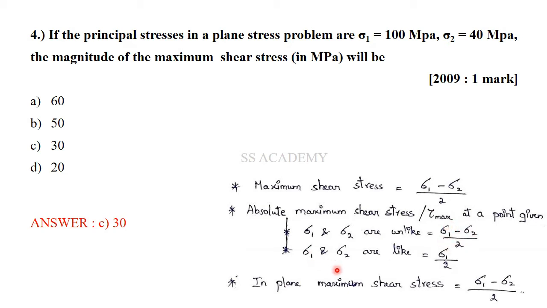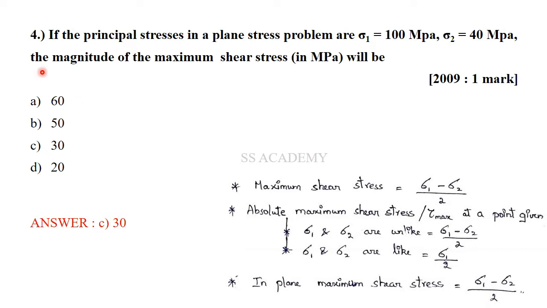But if they are like in nature, that is both tensile or both compressive, we have to go for sigma 1 divided by 2. In-plane maximum shear stress is another term for just asking maximum shear stress, that is, in the particular plane the maximum shear stress is calculated as sigma 1 minus sigma 2 by 2.